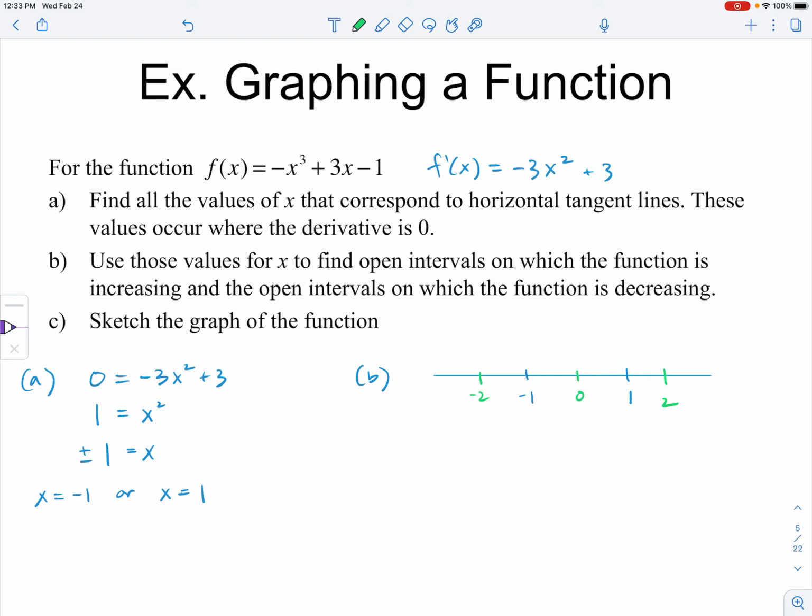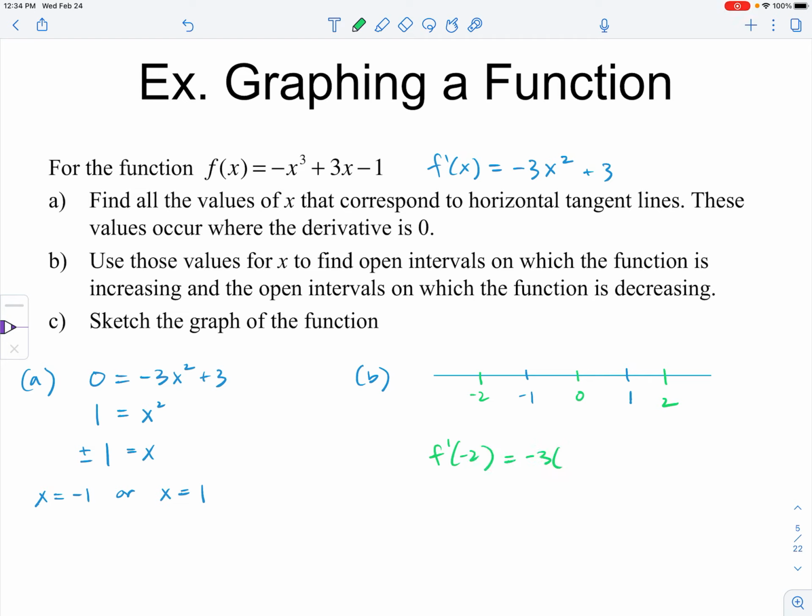And in order to figure out whether or not the function is increasing or decreasing, I'm trying to figure out what type of tangent line is happening at a particular point. So I'm going to evaluate the derivative for each of these test values.